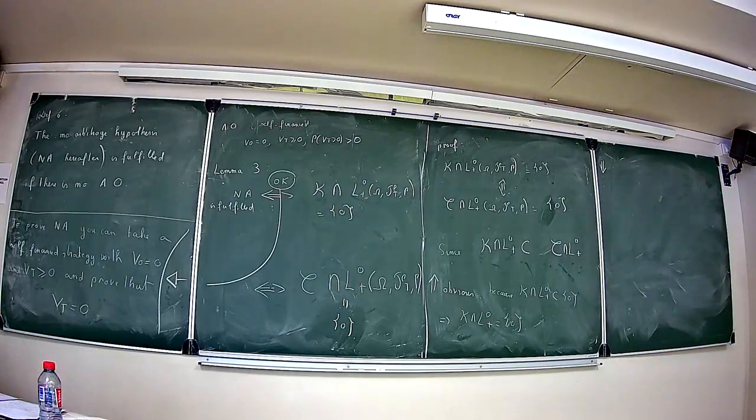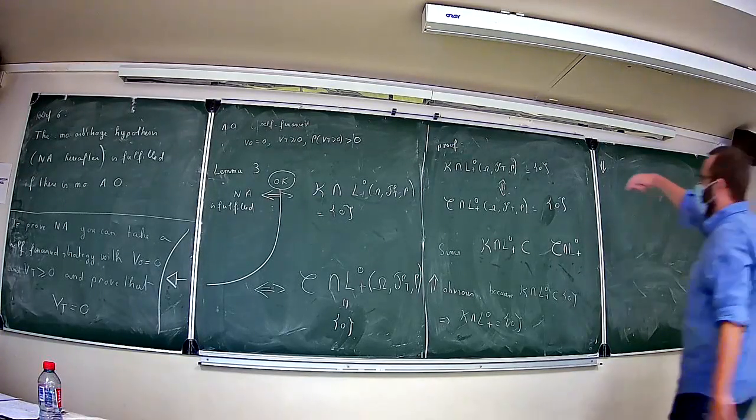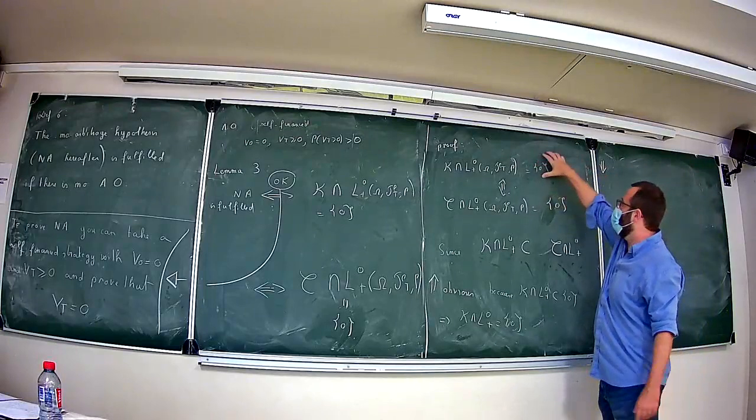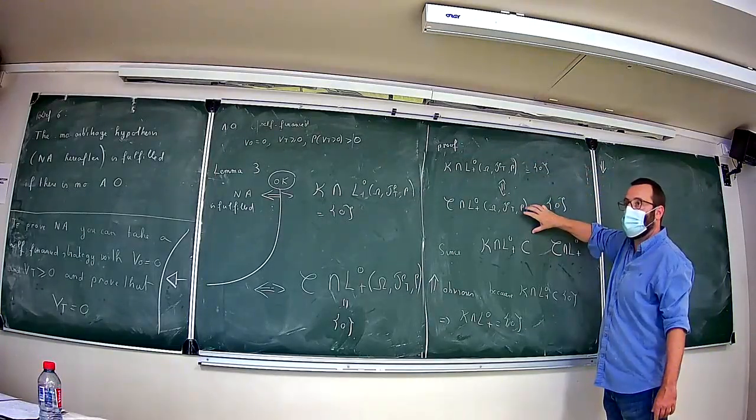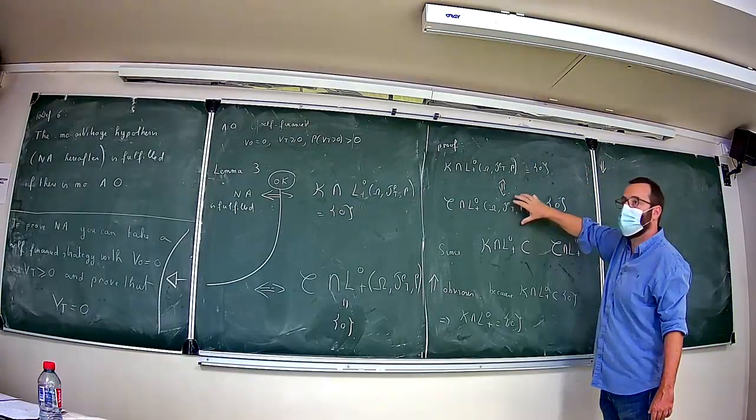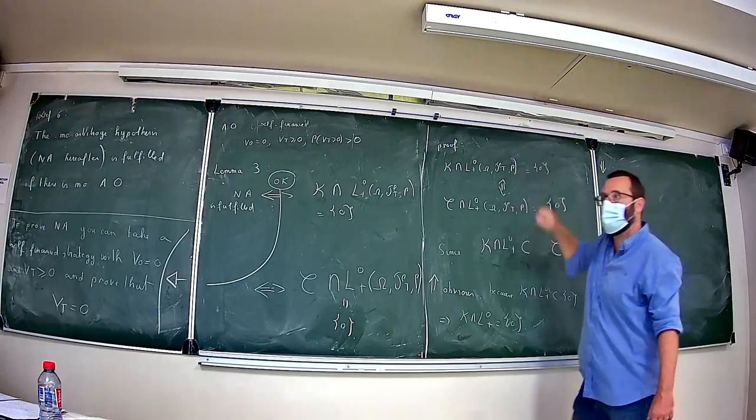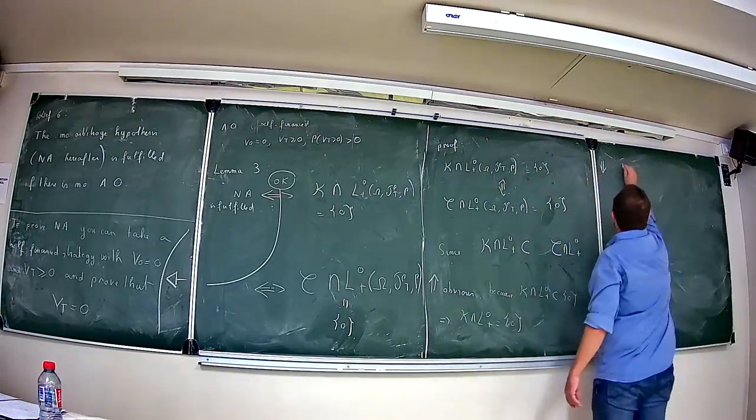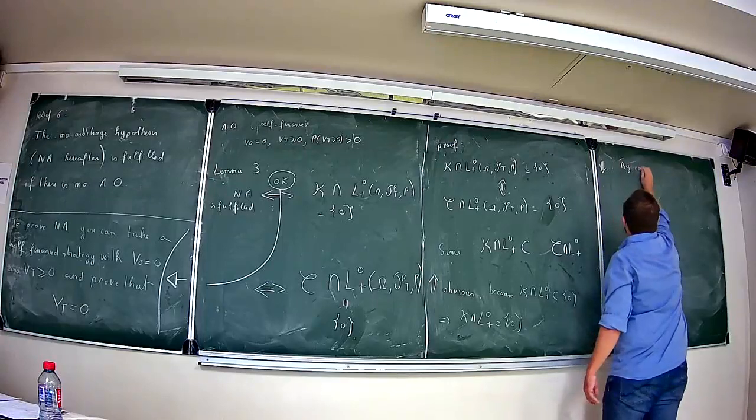For the other side, let's do it by contraposition. I want to prove this implication, that A implies B. So we are going to prove that not B implies not A, by contraposition.